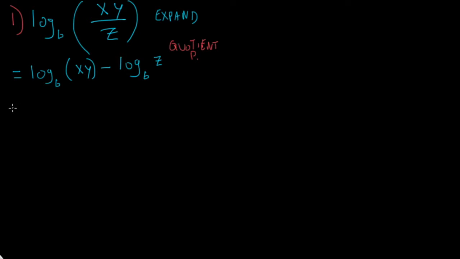And then the next step will be log base b of x plus log base b of y minus log base b of z. So we split this up using the product property. So use both properties, and then this would be our fully expanded answer.